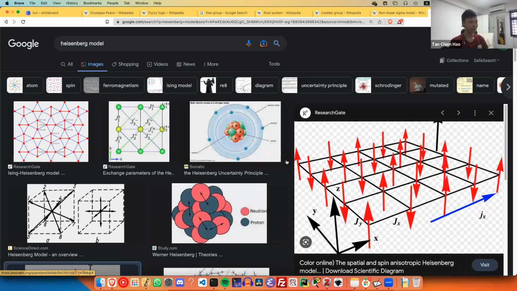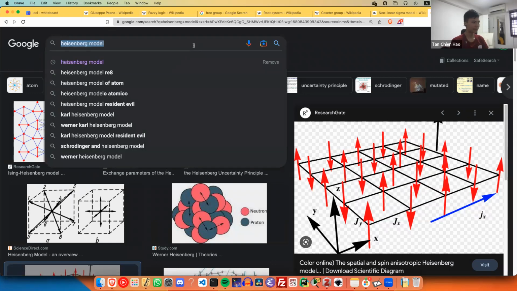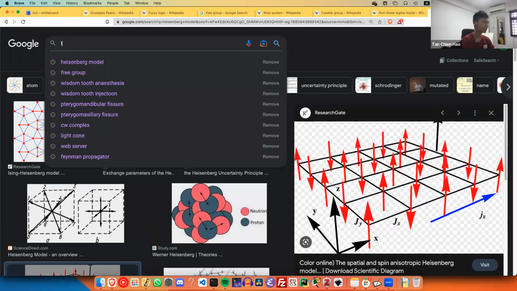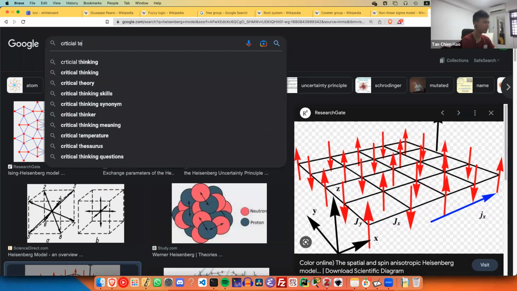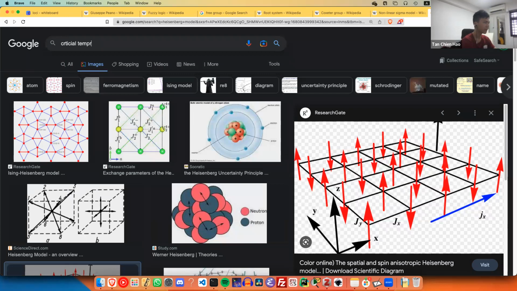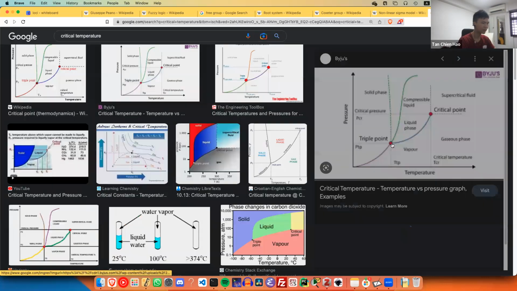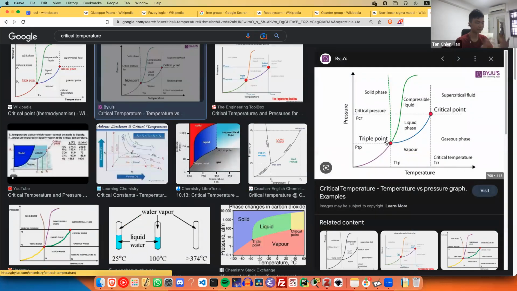And it turns out it's an experimental fact that when you raise it past a certain temperature, you hit a critical point, a critical temperature, where the entire behavior of the system goes from one phase to another.